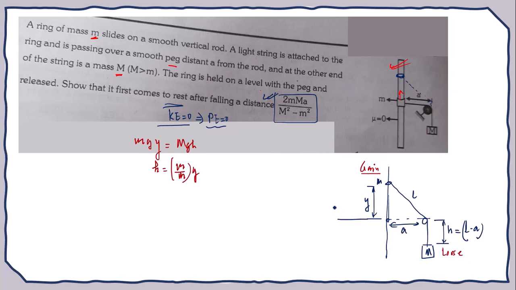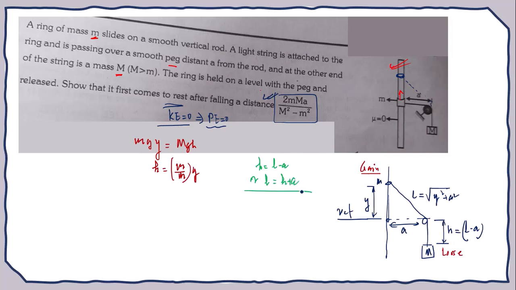Let us say this is our reference line. From this reference line, the capital M is dropped by this distance h, which is equal to small l minus a. Small l equals the square root of y square plus a square, from the right angle triangle geometry. So h equals L minus a, or L equals h plus a.